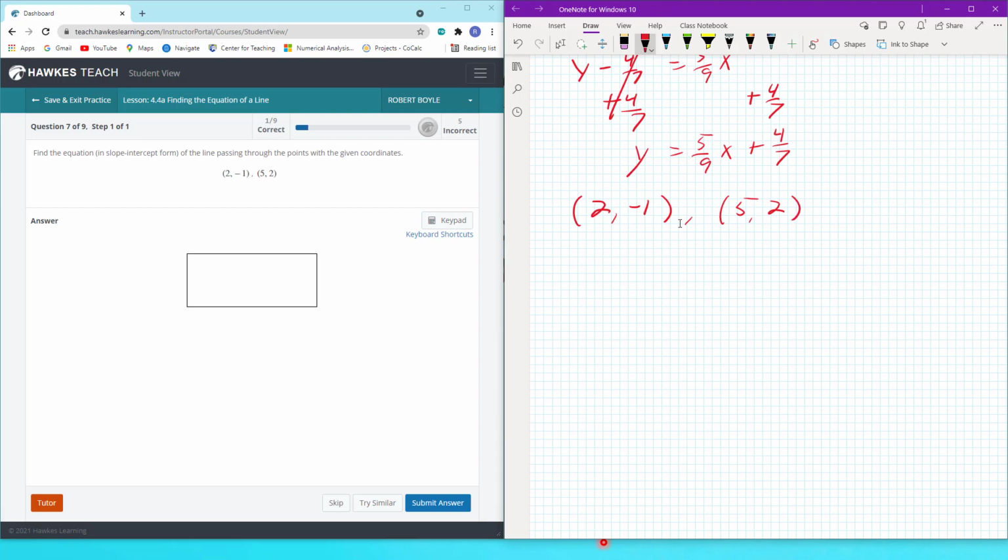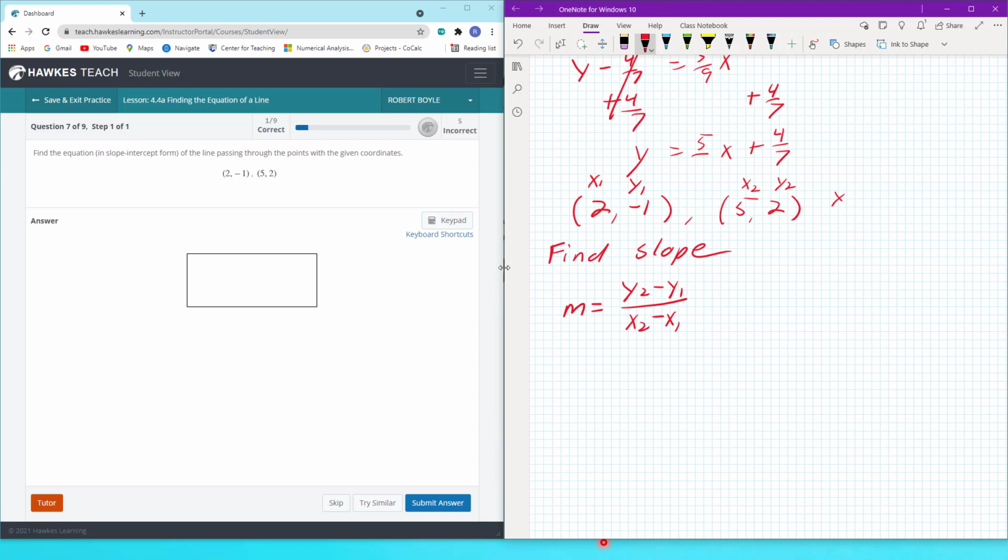The first thing we need to do is find the slope. And we want to use the slope equation. That's going to be m is equal to y2 minus y1 over x2 minus x1. And we want to decide which one we want to call x1, y1, and x2, y2. I would recommend that we call this one x1, y1, and this one x2, y2.